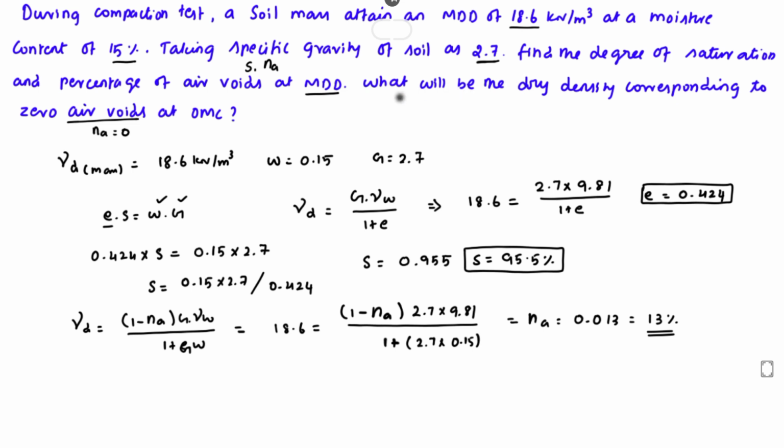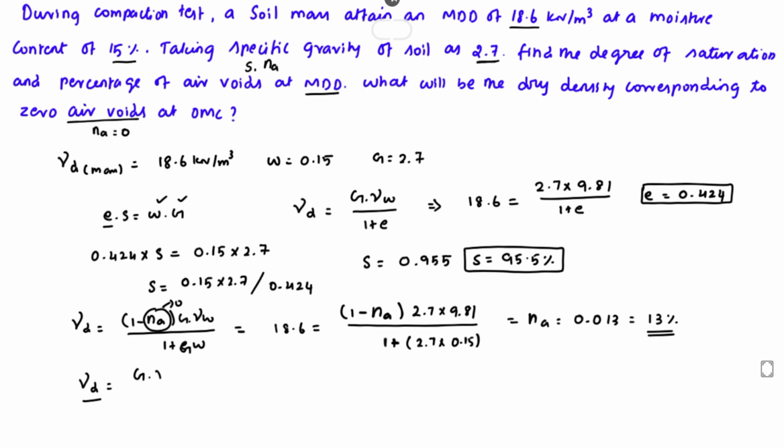Next, what will be the dry density corresponding to zero air void? We have to find the gamma d value in case the Na value is 0. So Na will be 0, and 1 minus 0 is 1.